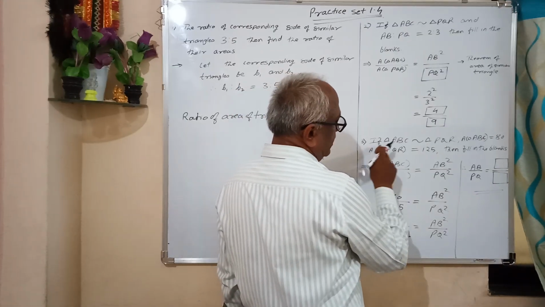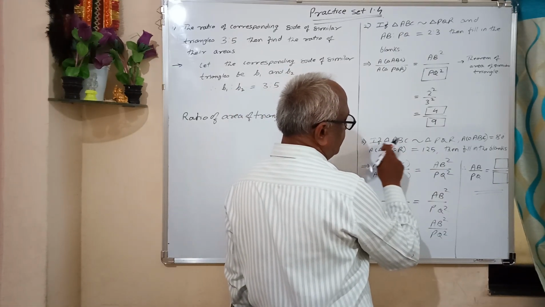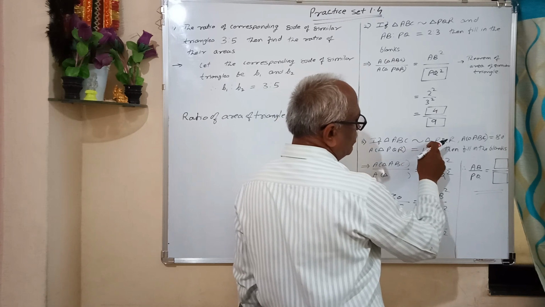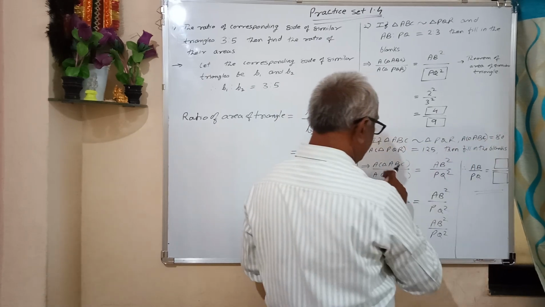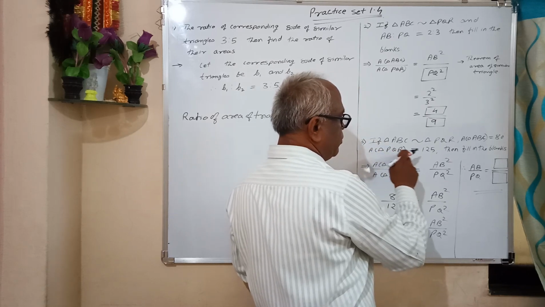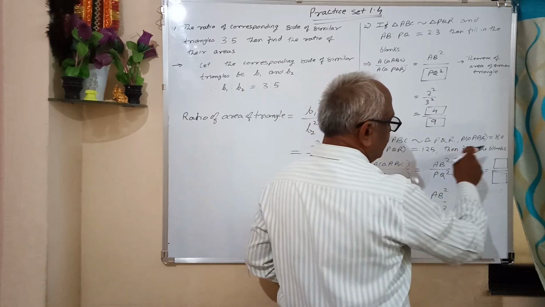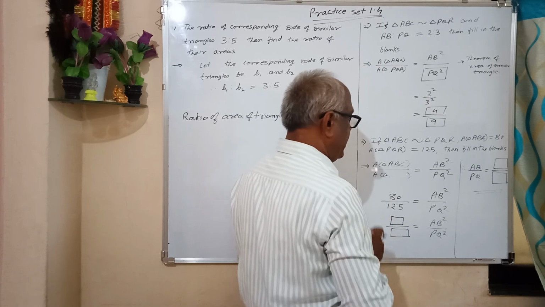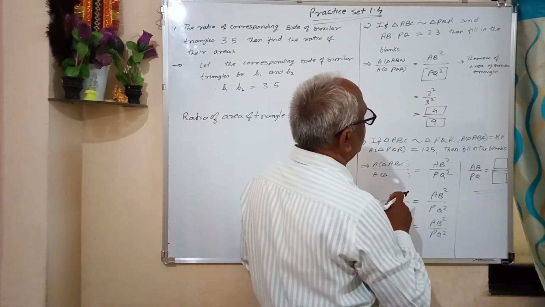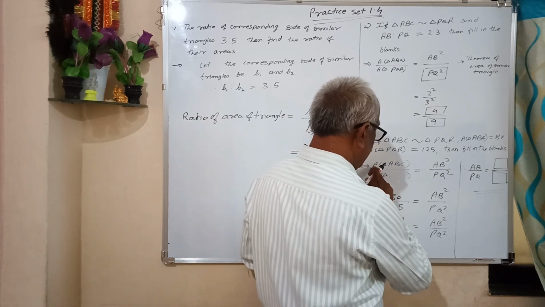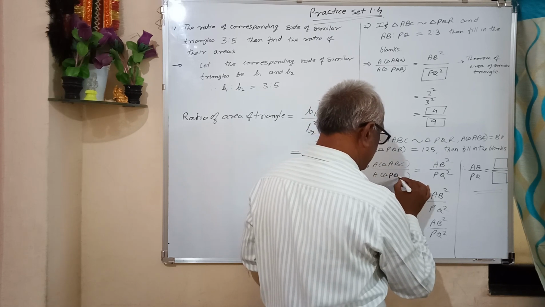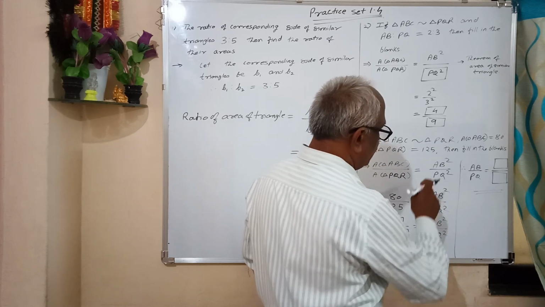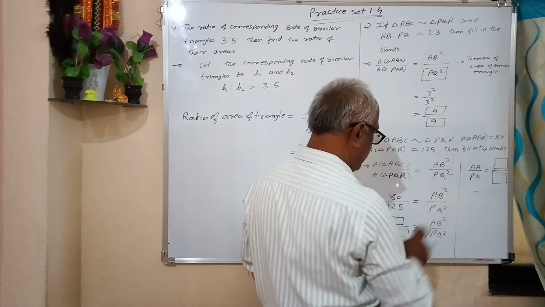Third one: if triangle ABC is similar to triangle PQR, the area of triangle ABC is 80 and the area of triangle PQR is 125. Then fill in the blanks. By the theorem of area of similar triangles, area of triangle ABC upon area of triangle PQR is equal to AB square upon PQ square.